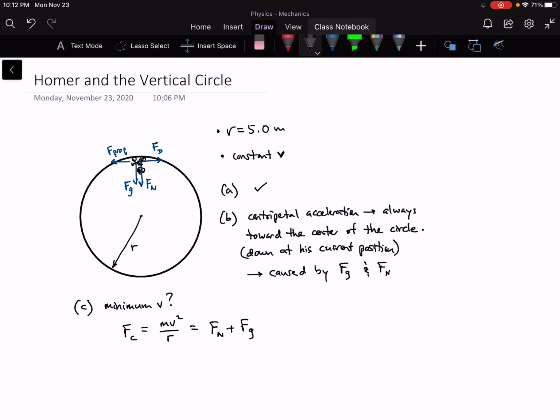So as you go slower and slower, you don't need as much F sub N to make you follow the circle anymore, right? The number of newtons that centripetal force is becomes smaller and smaller.